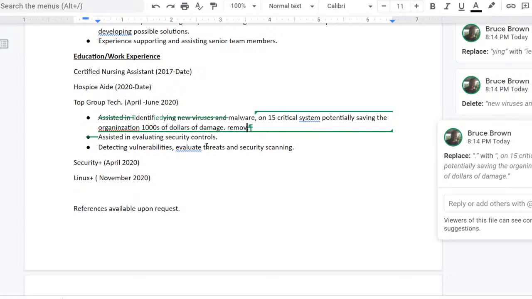Removed. And this is an opportunity to show that you know the process of not only identifying, but how to actually quarantine, remove, isolate, respond, incident handling. This is an opportunity for you to show that you know incident handling.